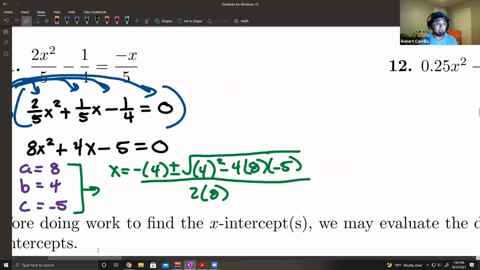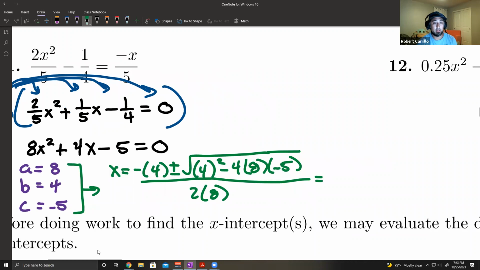All right. And now clean up. This becomes -4 plus or minus, and then inside the square root, 4 squared is 16. And then -4 times 8 is -32. And that times -5. Oh boy.